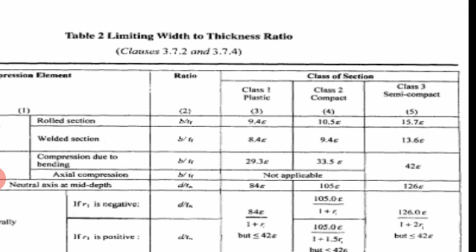In this, each compressed or partially compressed element is assessed individually against the limiting width to thickness ratios for the class 1, 2 and 3 elements defined in Table number 2 of IS 800 2007.